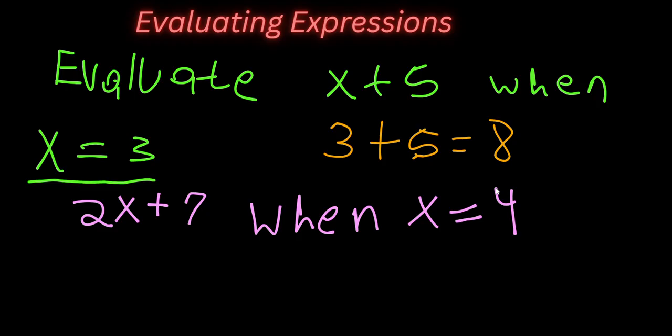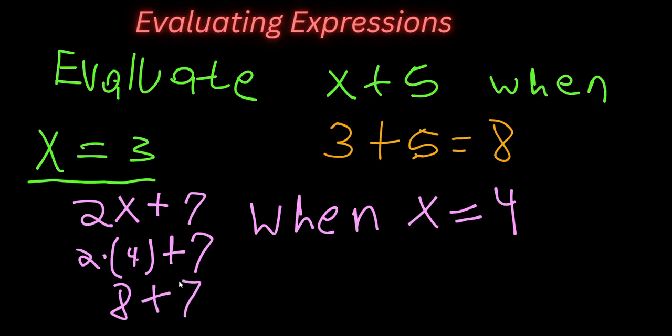Well, we simply substitute 4 in for x, and then we follow parentheses or PEMDAS. We'll do our multiplication first, then our addition, and we'll get our final answer of 15. That's how you evaluate the expression.